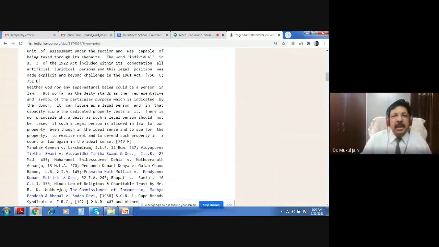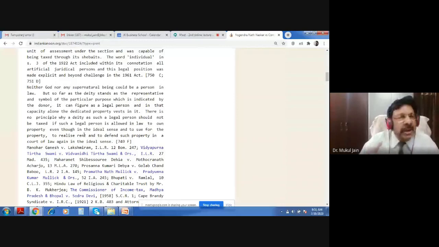So within law, a government can create an artificial juridical person. Or you must have seen that many companies and industries build a temple inside their factories. So they create an entity, and they are spending money on it, so they can show expenses, they are showing income of it. So whatever money, whatever chadawa comes, that is shown as the property of the god.